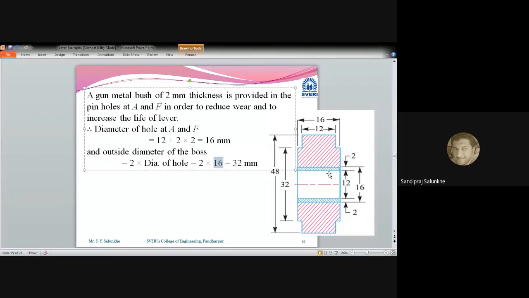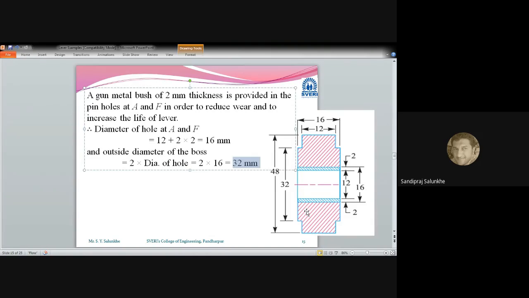That's why this hole which is generated here is of 16 millimeter, कारण 2 मिलीमीटर थिकनेसचे बुश आपण त्याच्यामध्ये टाकले. आणि त्याच्यावरचा डायमीटर जो आपण जाड केलेला आहे, that is equal to 2 times of that hole. आणि होल आहे 16 मिलीमीटरचा. 16 दुनी 32, that's why 32 millimeter will be the diameter of that boss, not bush.